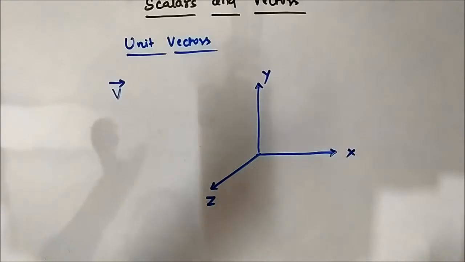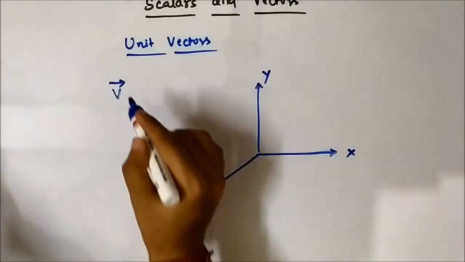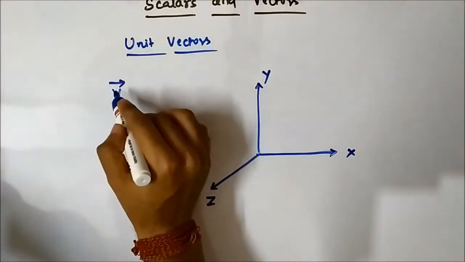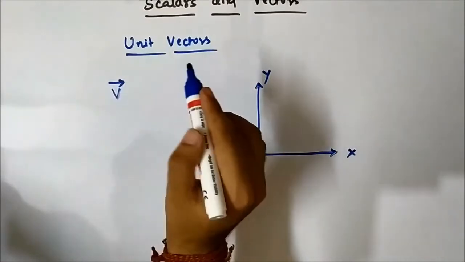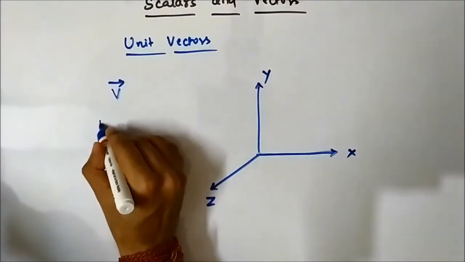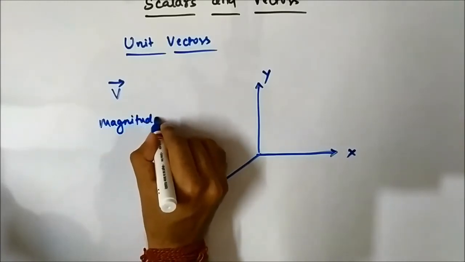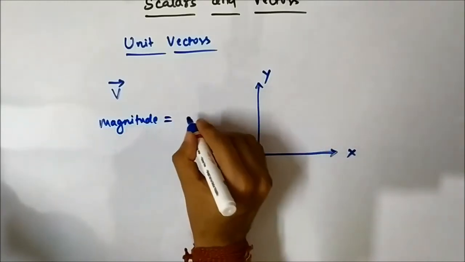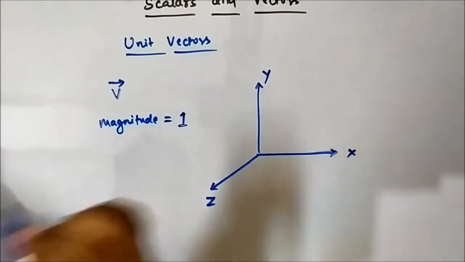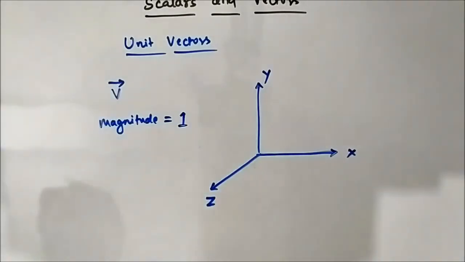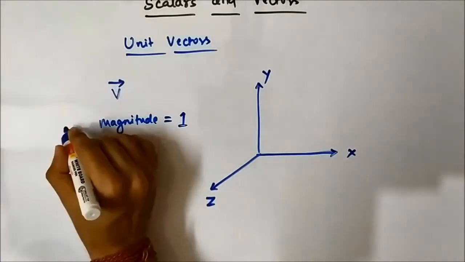As the name suggests, the unit vector of this vector quantity will have a magnitude equal to 1, unit magnitude.